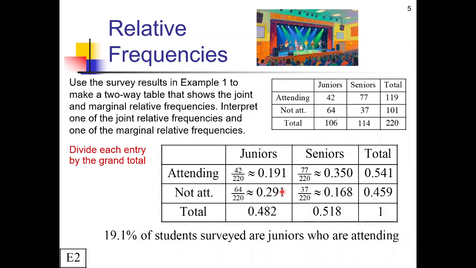Now, in terms of the marginal relative frequencies, I'm just going to take this 0.541. This means that 54.1% of students who answered the survey are attending. Now, if you wanted to break it down further and talk about what percentage of juniors are attending, these won't tell you that directly. You have to do a little bit more number crunching in order to figure that out, and that'll be the topic of our next example.